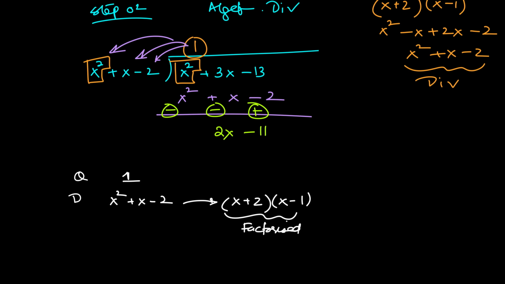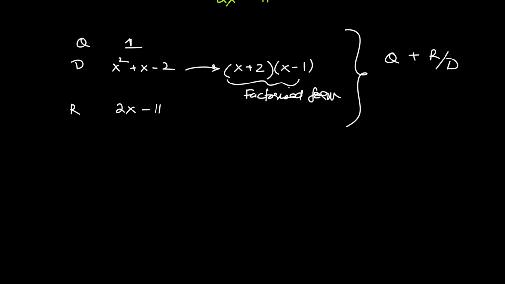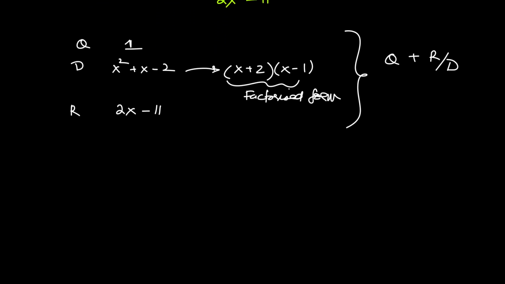And we also have the remainder, which is 2x minus 11. And we write this as quotient plus remainder over divisor. So let me write this as 1 plus 2x minus 11 over x plus 2, x minus 1.